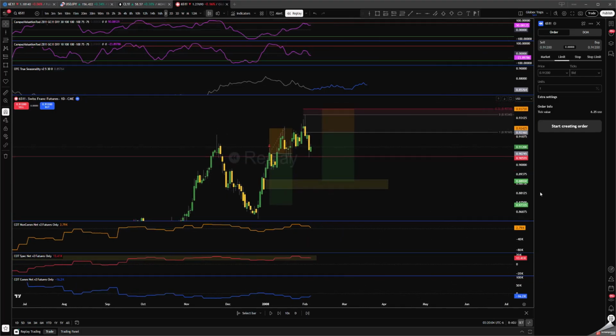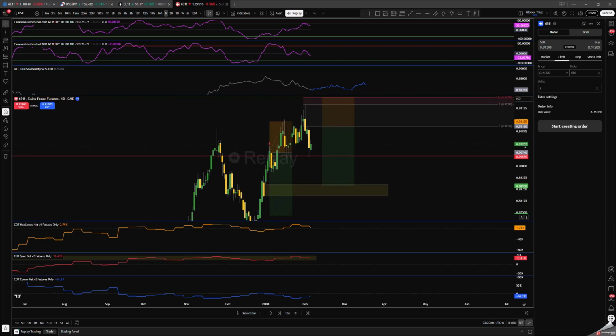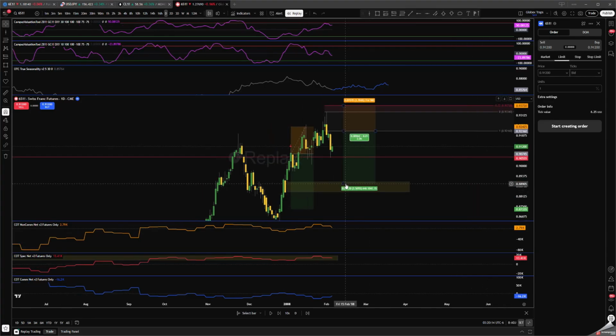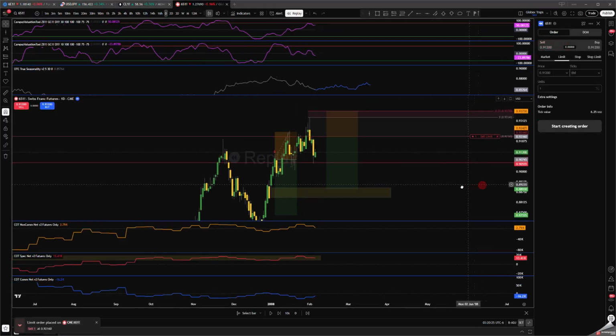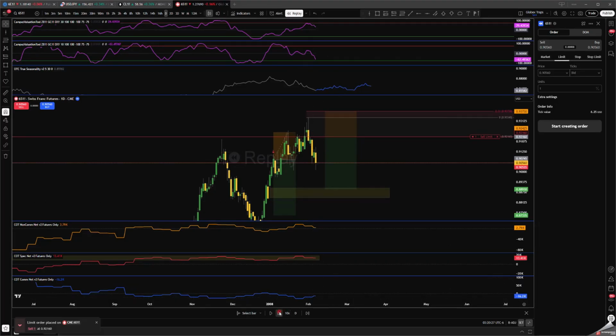I think the data will tell me if it's a good thing to really do that, or against the trend or not. And our TP is right where the gap is, so if we get filled and we get some move to the downside, we can expect it to get filled and hit our take profit.